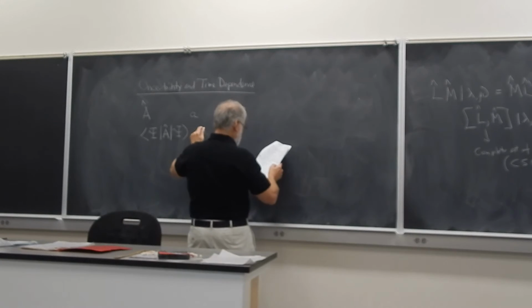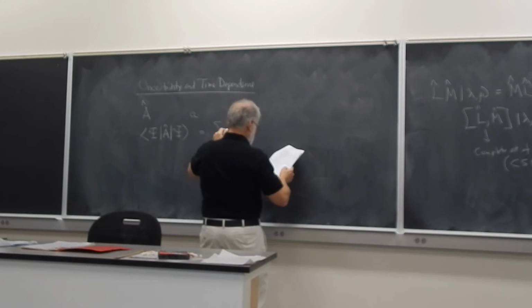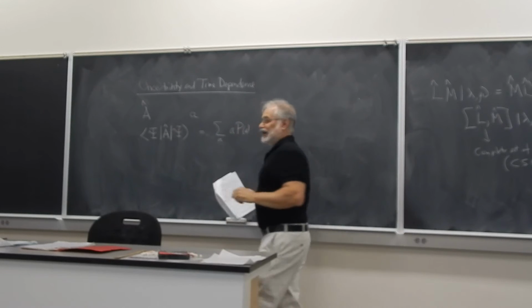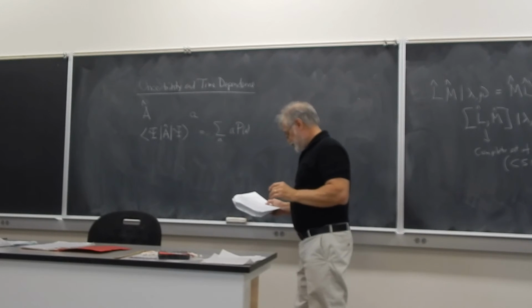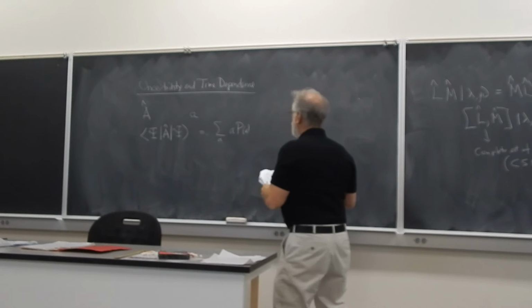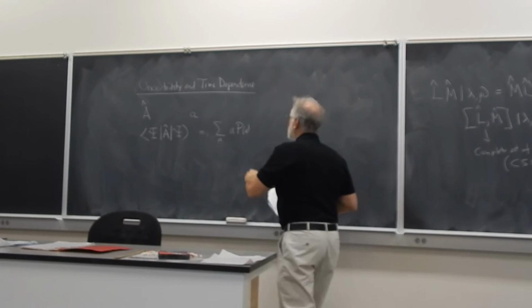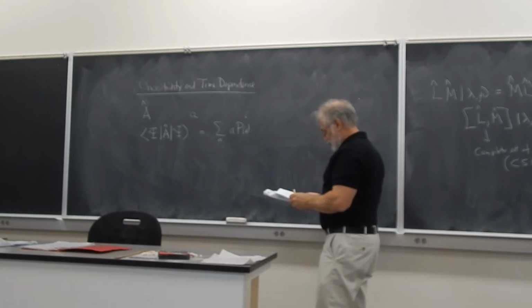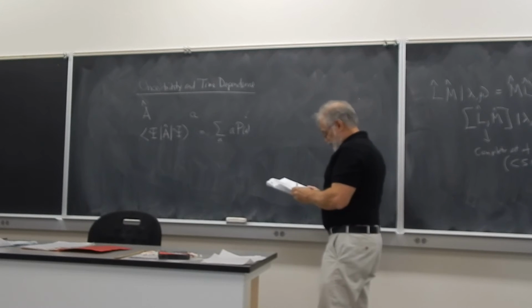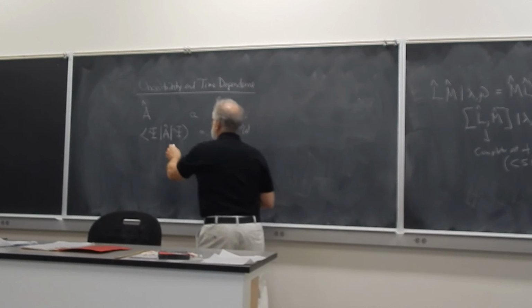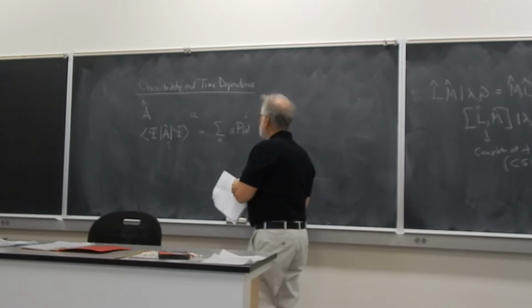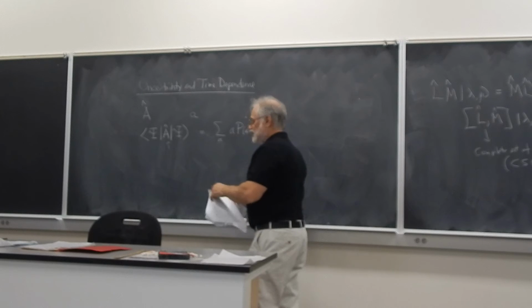In other words, I could write that as sum over A times the probability of being in state A. We would expect that P of A would be centered upon the expectation value. Any uncertainty that I have in this measurement, in this observable A, is going to be reflected in a standard deviation.